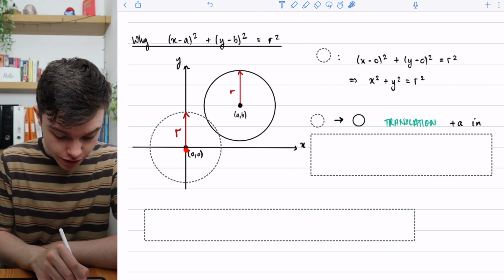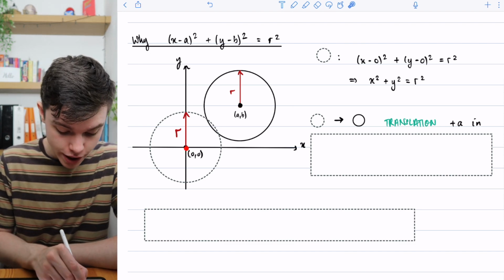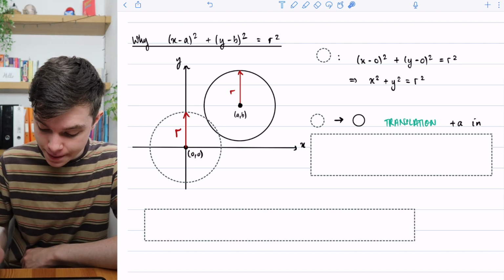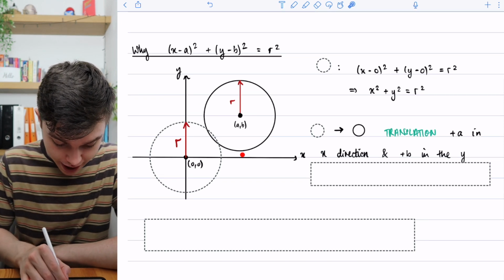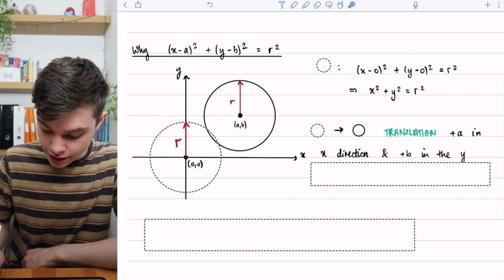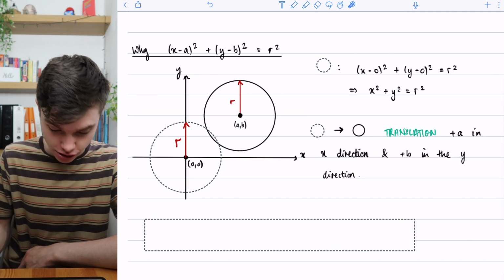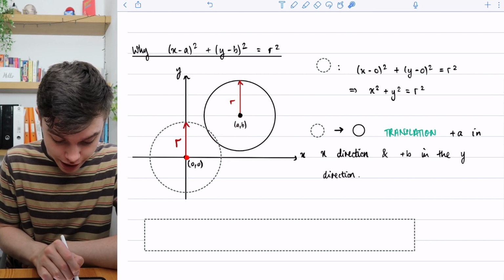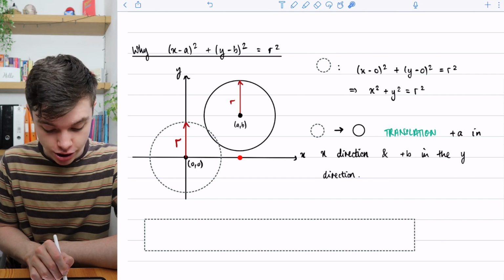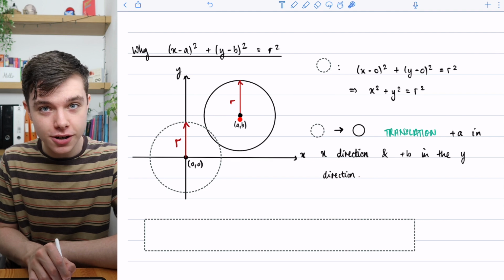So to go from the centre of this circle to the centre of this circle, we can go a positive a in the x direction, and then a positive b in the y direction. So it's a translation. We go from 0, 0 to a, b: a positive a in the x direction, and a positive b in the y direction.